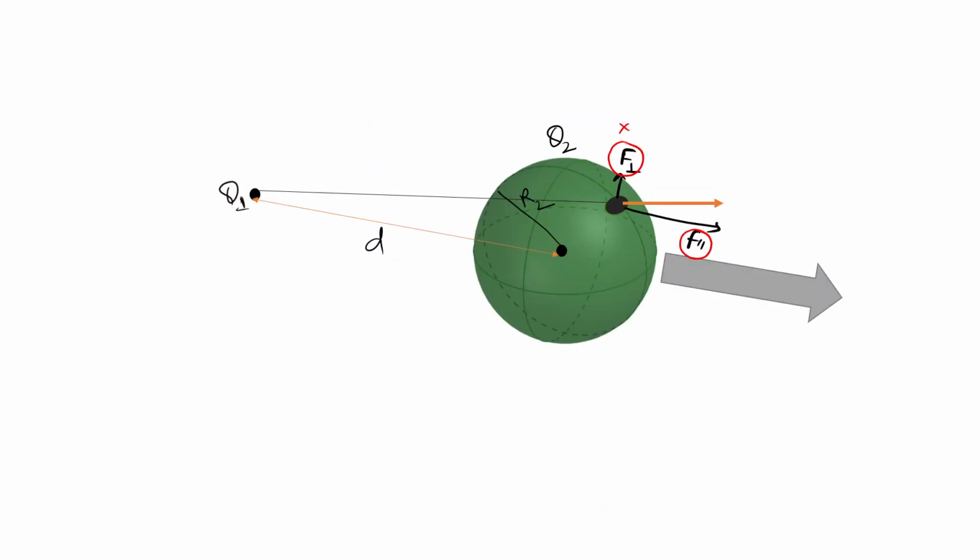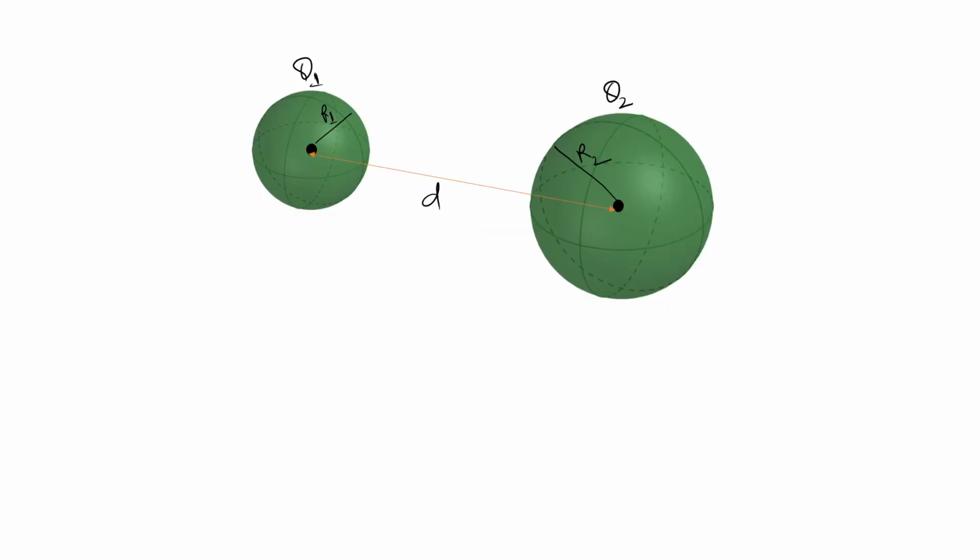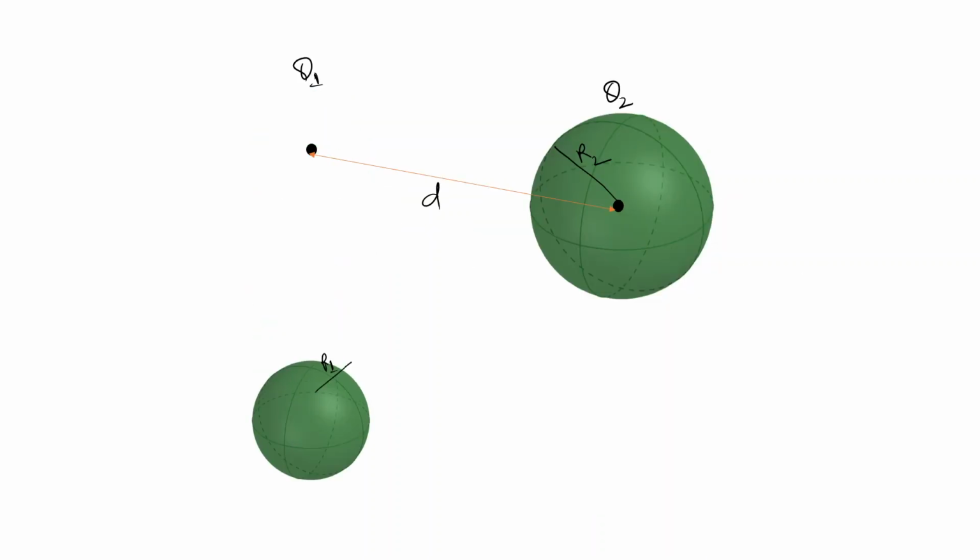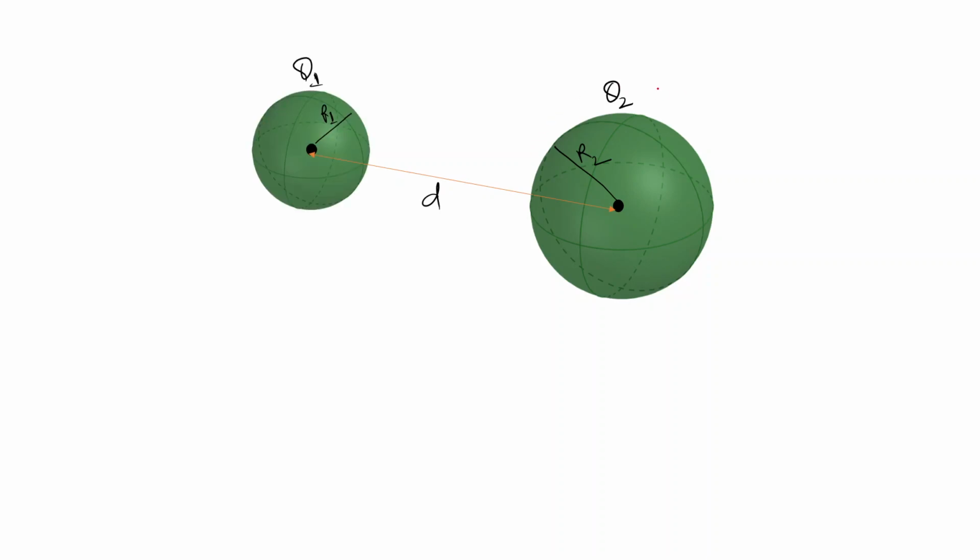But let's see, until now we have replaced one of the spherical shells by a point charge, and that we can do. We are finding the force of repulsion on 2 by 1, so we are focusing on the force of repulsion on sphere 2. You see, these small things are very important.